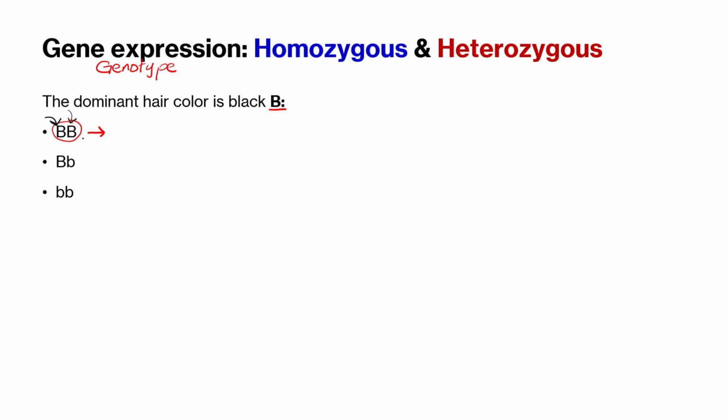So basically, if we're going to describe this person's state, we say that their state is homozygous dominant. This is their genotype. Whenever we say homozygous, it just means we've got the same type of allele. In this case, we've got a dominant allele and a dominant allele.